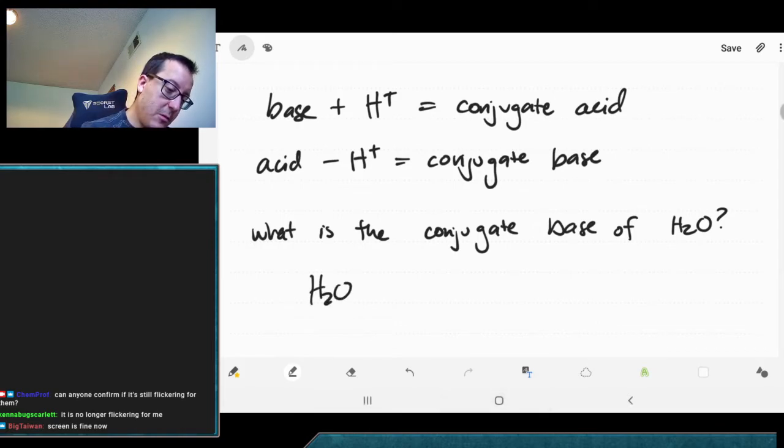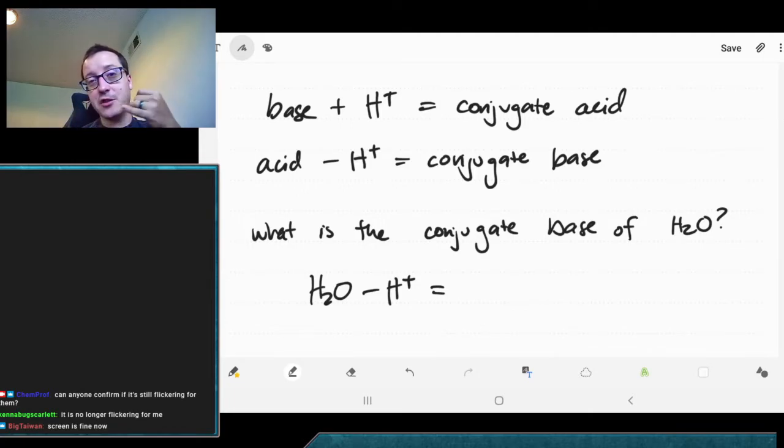So we can say H2O minus H+ will give us our conjugate base. And so if we subtract both a hydrogen and a positive charge from this, we'll get hydroxide. And so we say that hydroxide is the conjugate base of water.